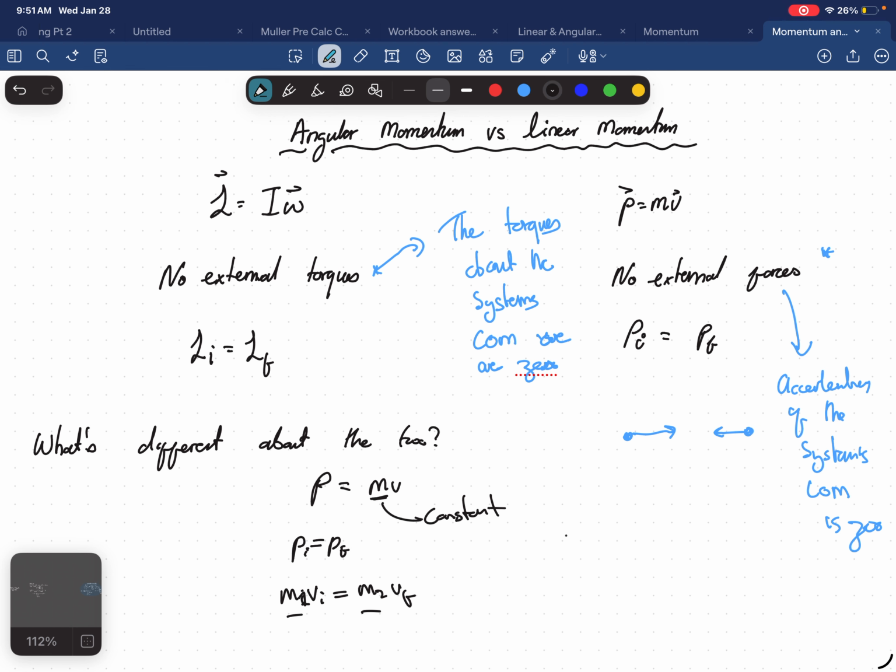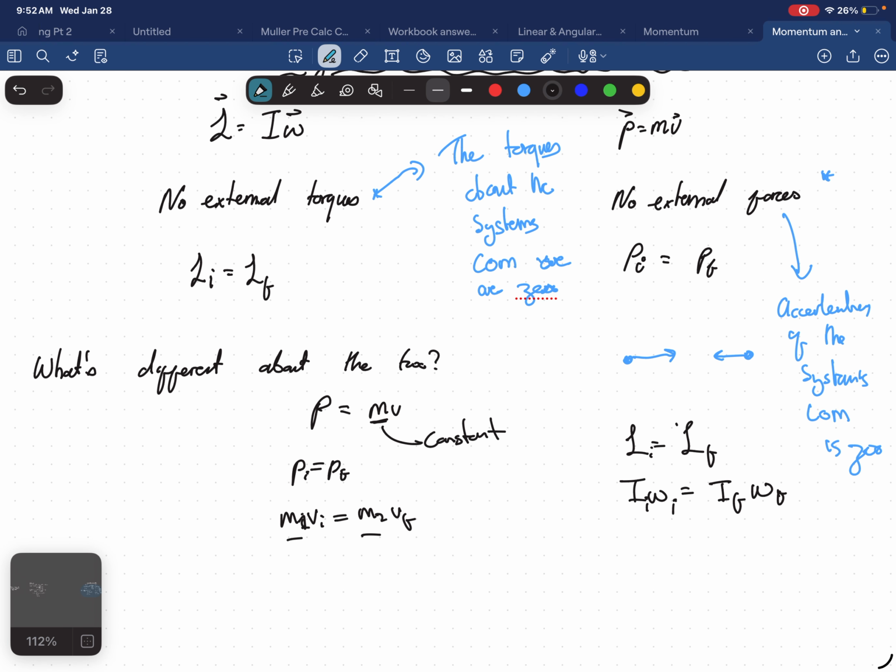But with angular momentum, Li equals Lf: the initial inertia times the initial angular velocity equals the final inertia times the final angular velocity. Remember, inertia is not only about the mass of an object, it's also about how the mass is distributed about a particle, or rather a rigid body.